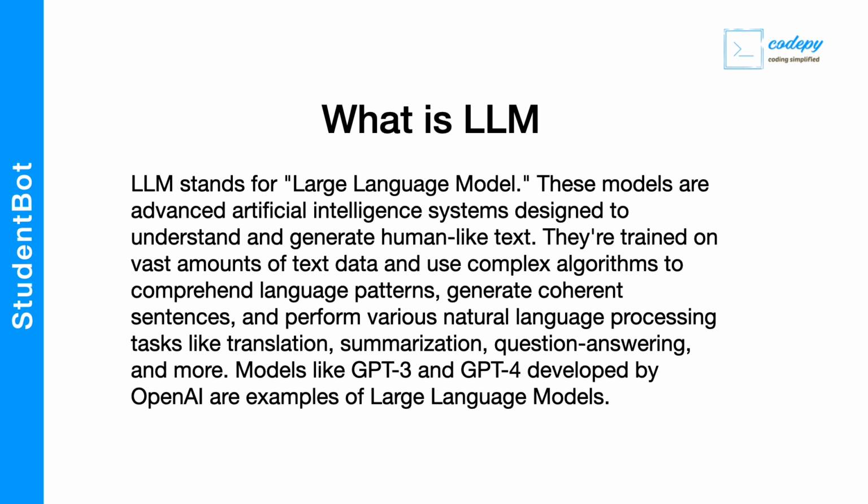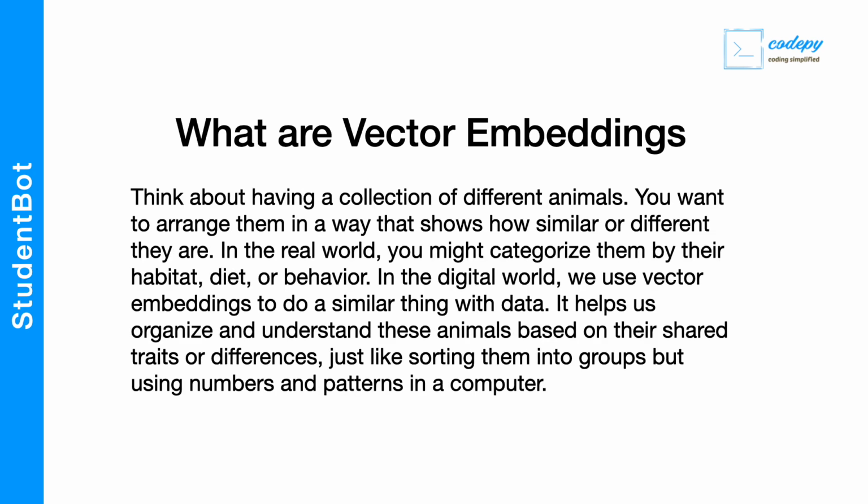What are vector embeddings? Think about having a collection of different animals. You want to arrange them in a way that shows how similar or different they are. In the real world, you might categorize them by their habitat, diet, or behavior.